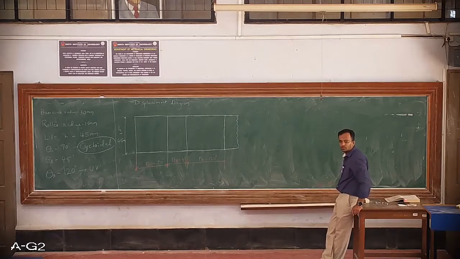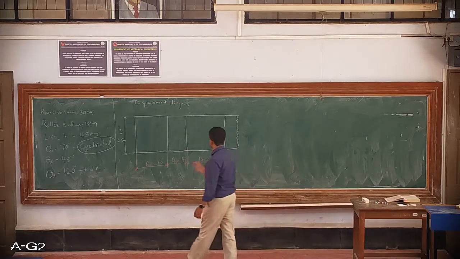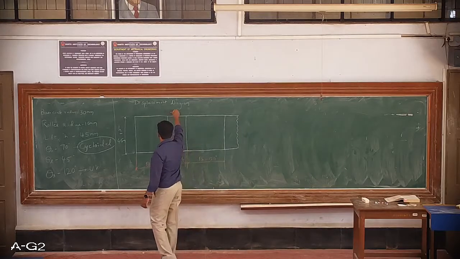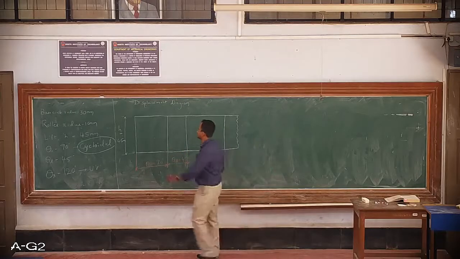Next step, again it is a common one. We have to divide the rise stroke and the return stroke into an equal number of parts. In the previous problem we did it with 6 divisions. I will repeat the same thing here, so I will divide the rise stroke and return stroke into 6 divisions.